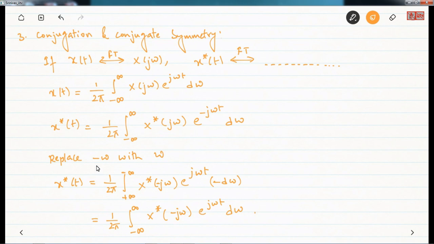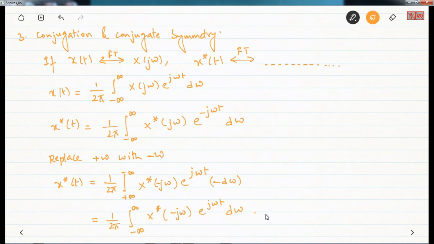Whenever I replace omega with minus omega, or plus omega with minus omega, I'll have to change this. I'll have to put minus d omega here, minus omega here, minus omega here, and I have to flip these integrals, and then again to get rid of this minus, I will again flip these integrals.